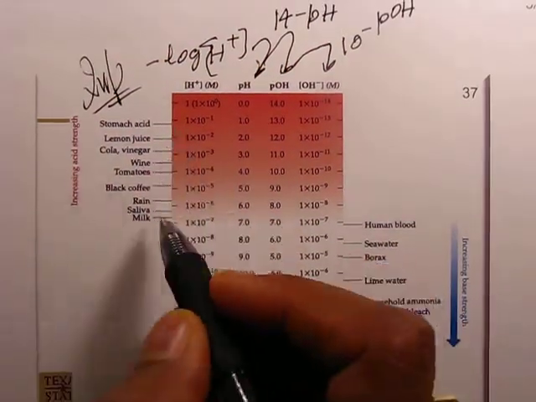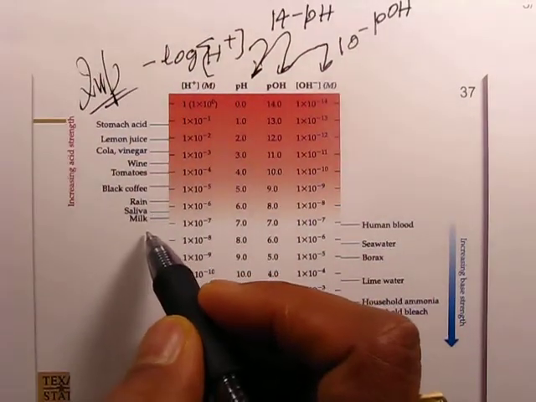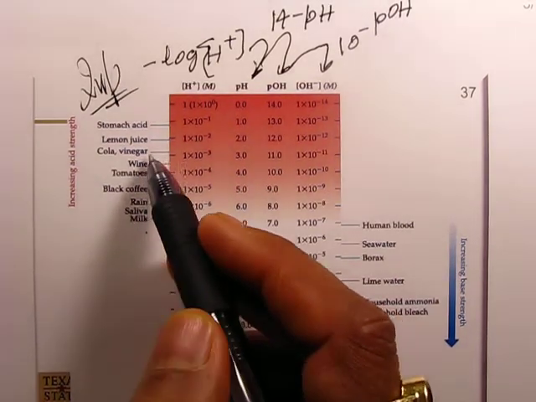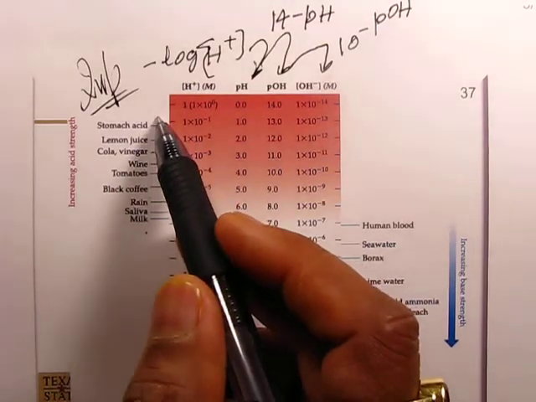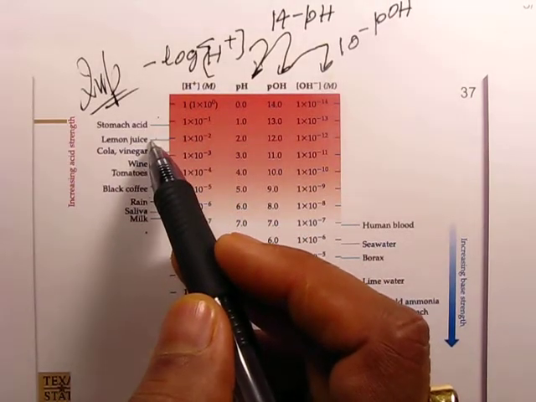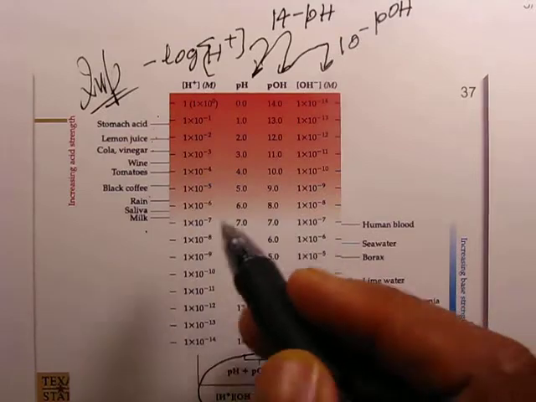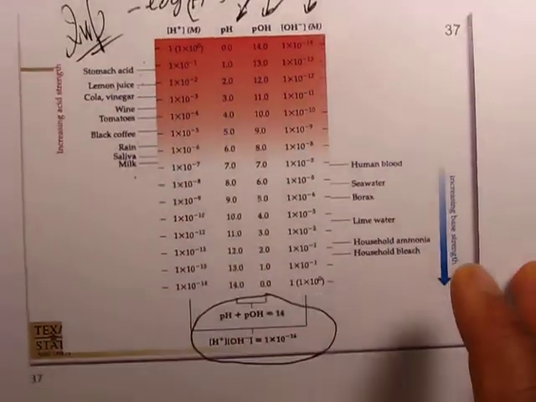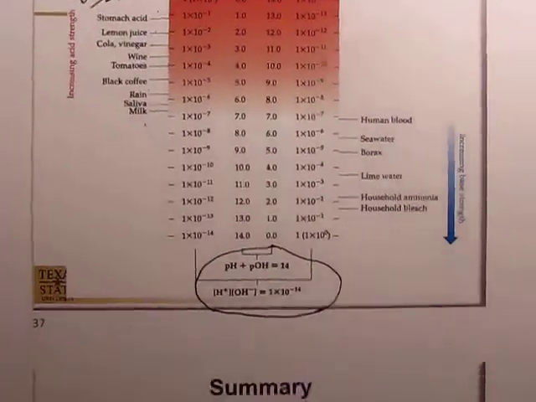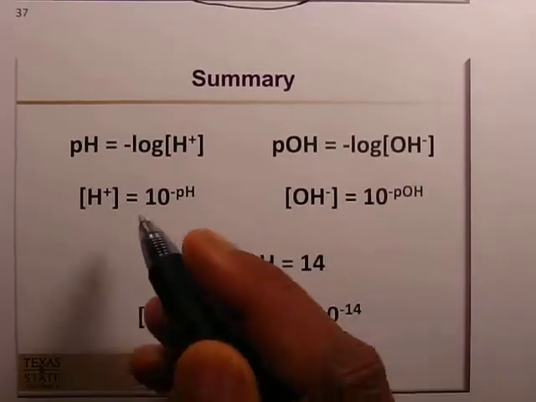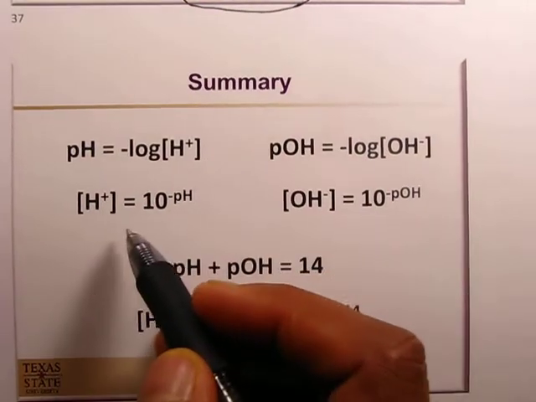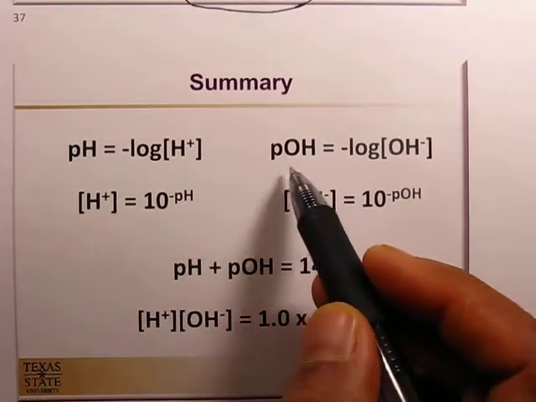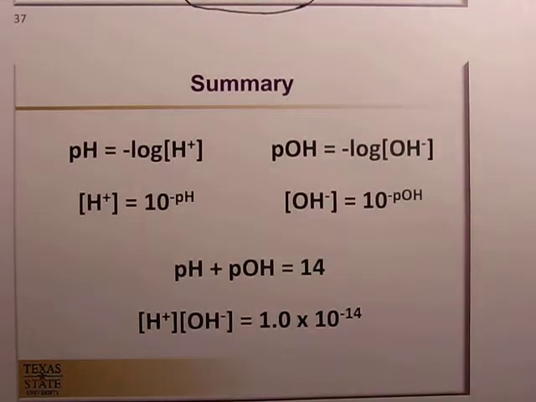And here the pH strength of some common substances is given, like milk, saliva, rain, black coffee, tomato, wine, cola, vinegar, lemon juice, and stomach acid. So you can see stomach acid is much more acidic than milk. In the summary, pH is negative log of hydrogen ion concentration, and hydrogen ion concentration is 10 raised to minus pH. pOH is equal to negative log of OH.